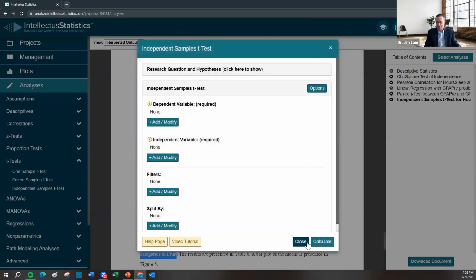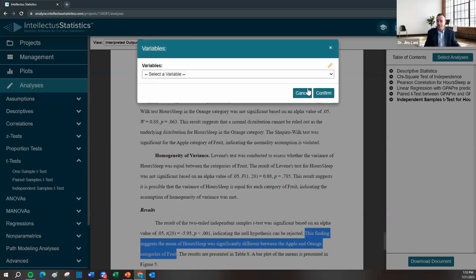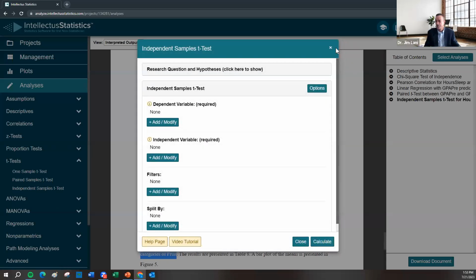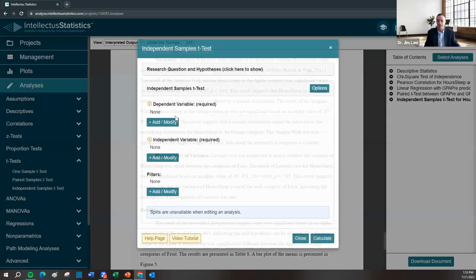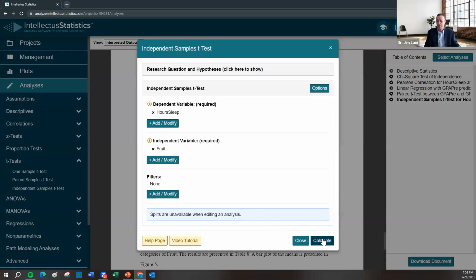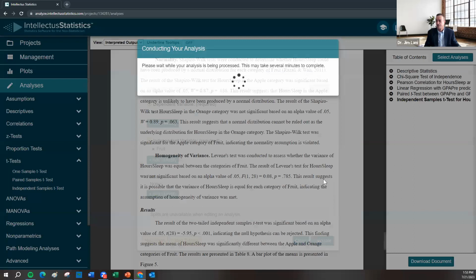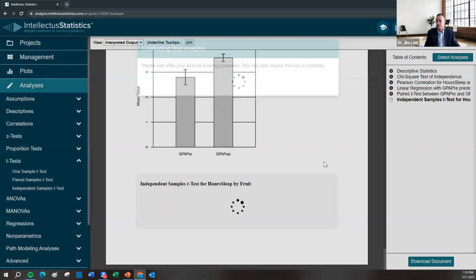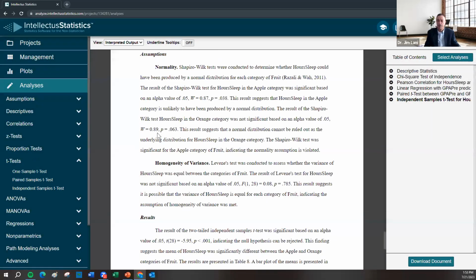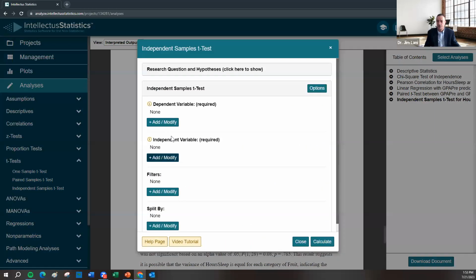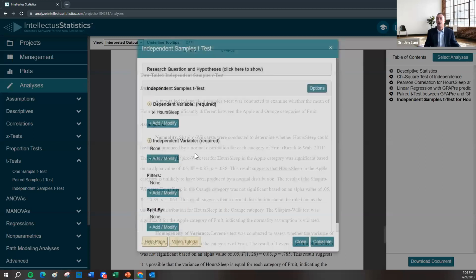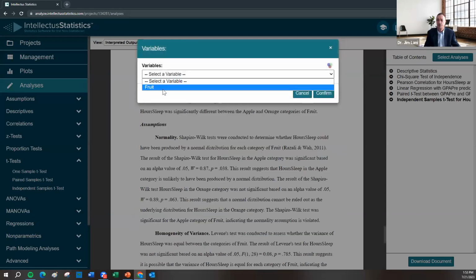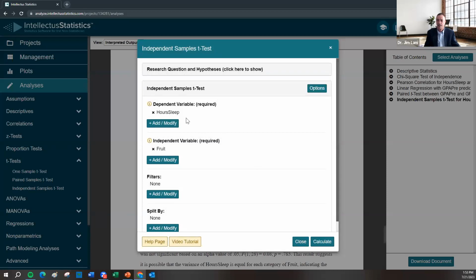Let me go back here and edit our sleep by fruit. So independent t-test, hours slept, by fruit. Sleep differ by fruit, calculate.